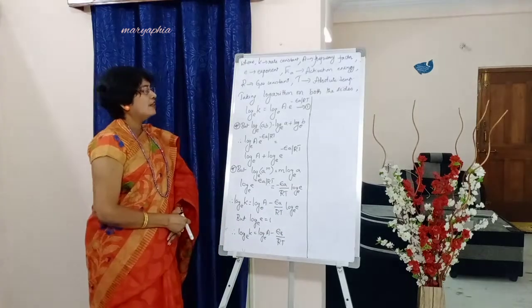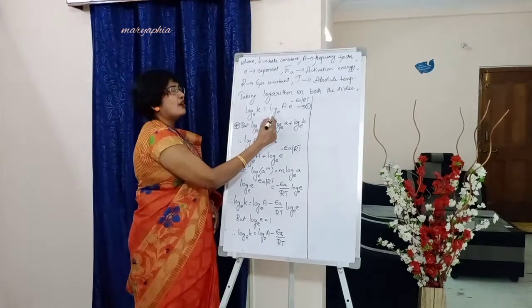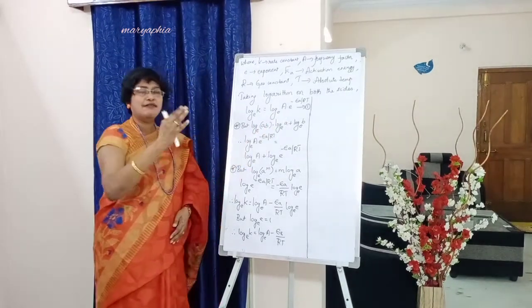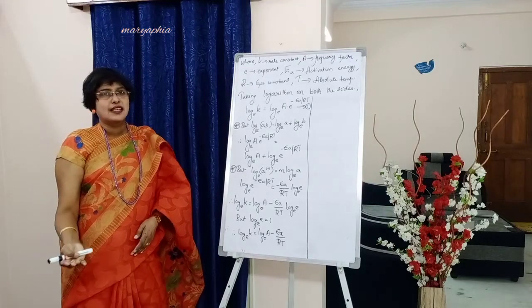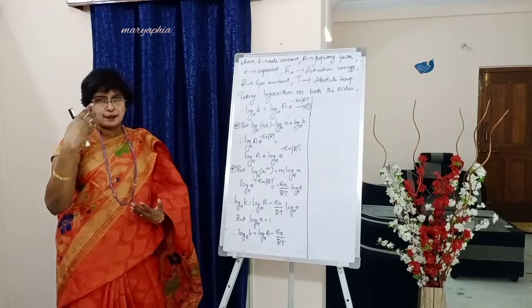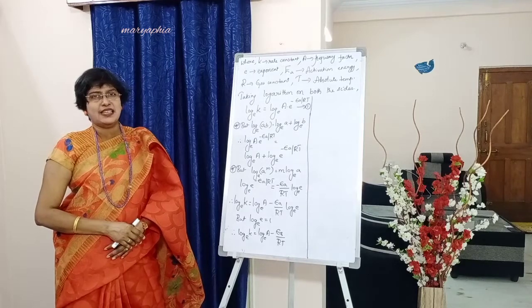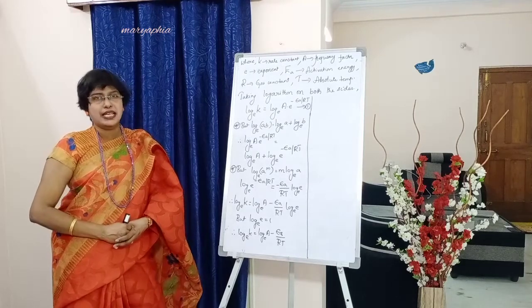Understood now? Okay. So this log of A into E we have split as log of A plus log of E, students. So in the log of E portion there is a power minus EA by RT, and that power has come in front.